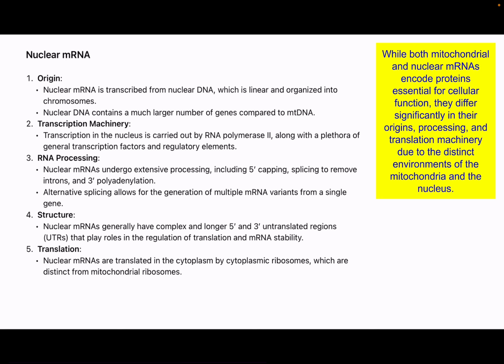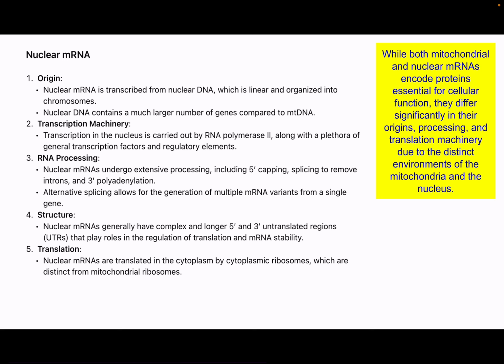Nuclear mRNAs undergo extensive processing, including 5' capping, splicing to remove introns, and 3' polyadenylation. Alternative splicing allows for the generation of multiple messenger RNA variants from a single gene.